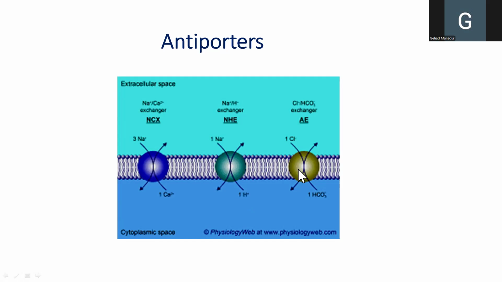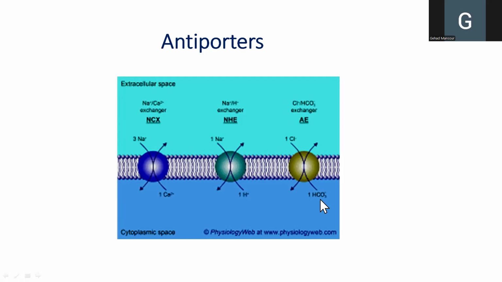There is an important correction that I have to mention: although they are put on the same diagram, the chloride bicarbonate exchanger is not a type of secondary active transport. So I apologize if I said this at the beginning because I saw them all on the same diagram.